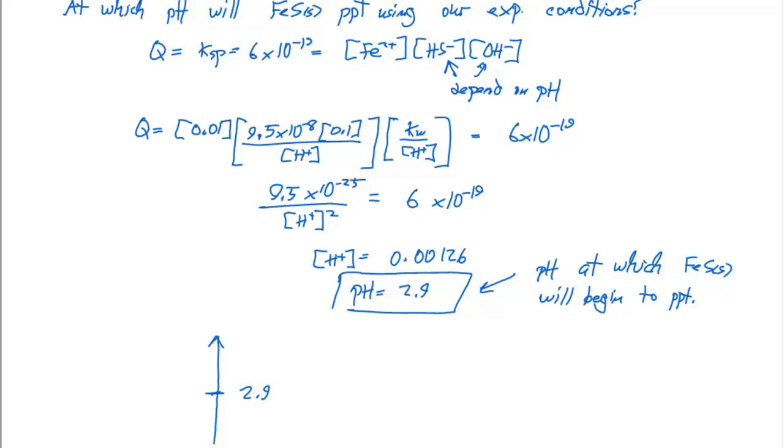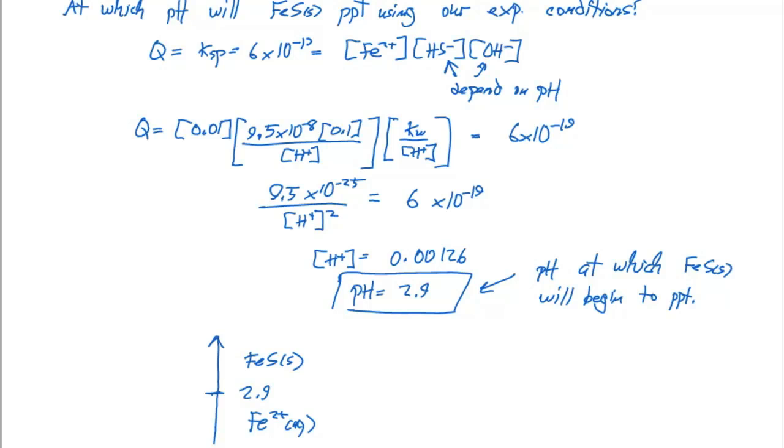If our pH is below 2.90, we have Fe2+ in solution plus all of our other thioacetamide and saturated H2S solution. But as we make this solution more basic, iron sulfide is going to begin to precipitate right when the pH goes above 2.9.